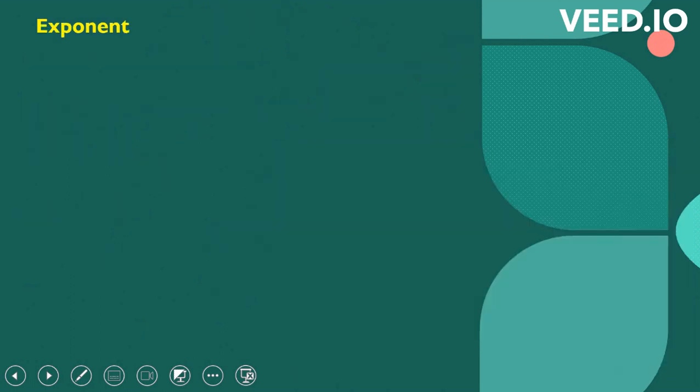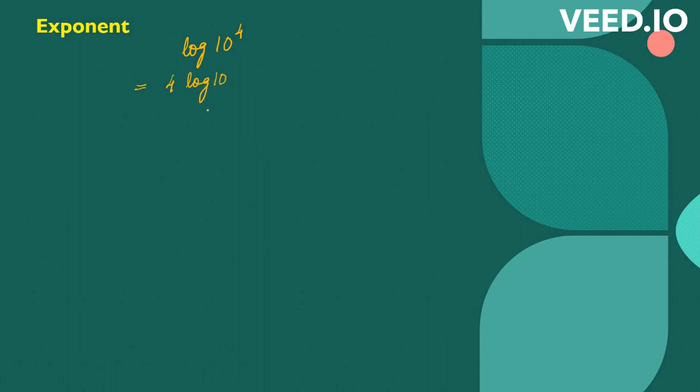Now moving to the exponent. As I told you, log of 10 raised to power, suppose 4 is there. How are we going to find it? It's going to be 4 log of 10. Log of 10 value is always 1. So 4 into 1 is nothing but 4. So log 10 raised to power 4 is nothing but 4.